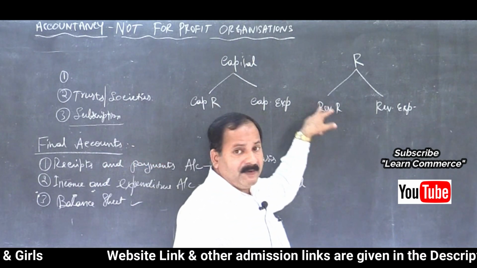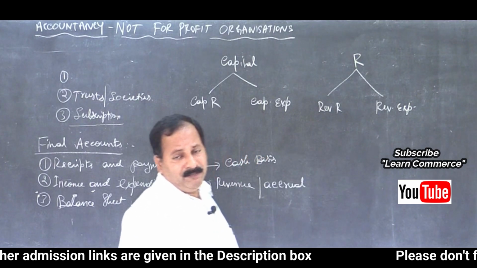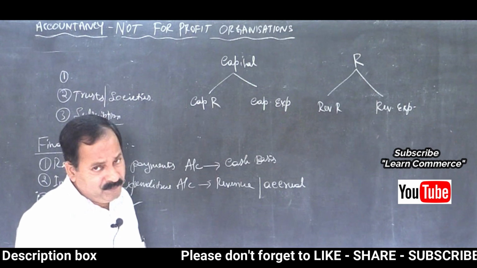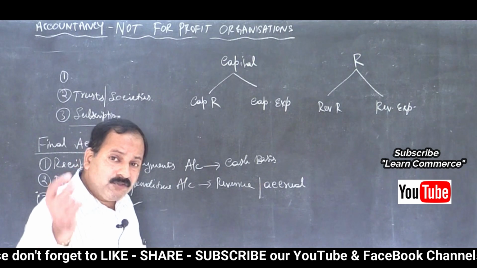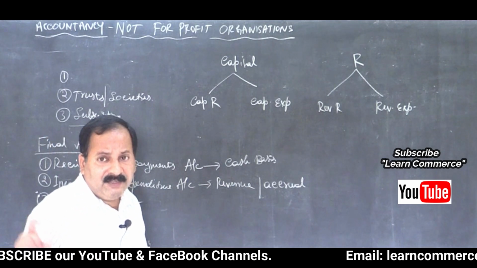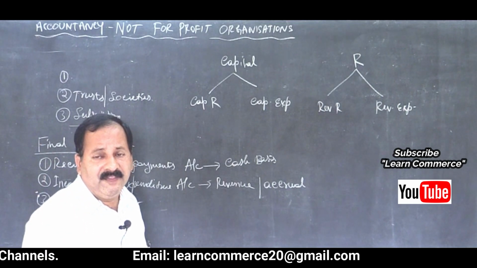Then revenue expenditure, you have paid honorarium. Honorarium means like salary. In a trading concern, we call it salary. In case of a non-trading concern, we call it honorarium, because it is not as per the efforts of the employee. Suppose in a trading concern, if you do the same work as a secretary, you may get maybe 20,000.